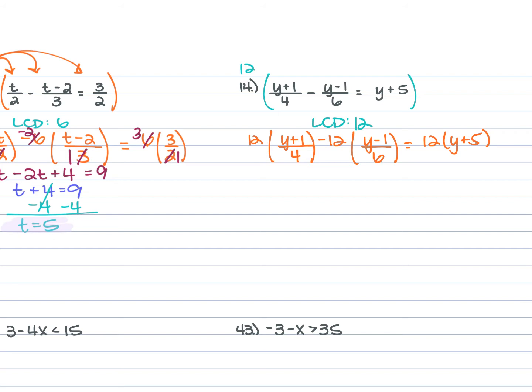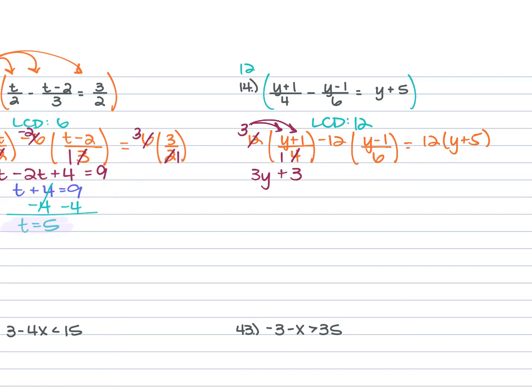The 12 times y plus 1 all over 4. 4 and 12 share a common factor of what? 3? What goes into both 4 and 12 evenly? Right, so 4 goes into 4 once. 12 goes into 3, 3 times y plus 1. 3 times y is 3y. 3 times 1 is 3.